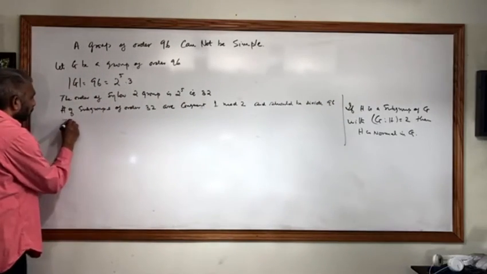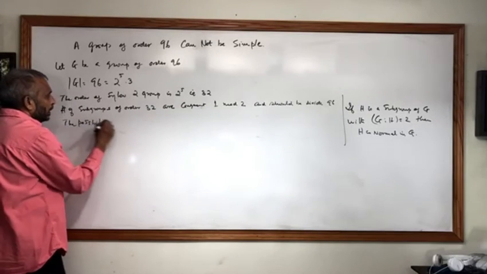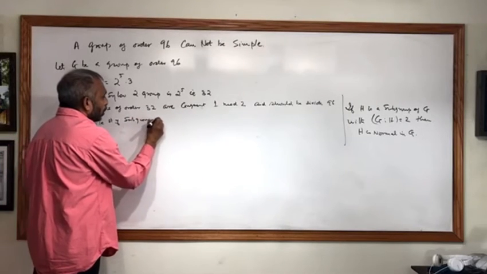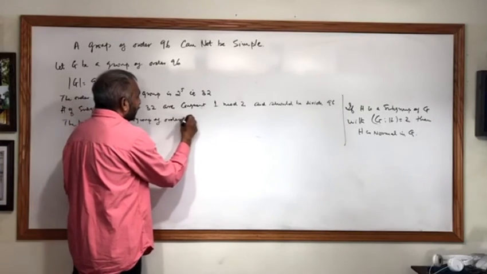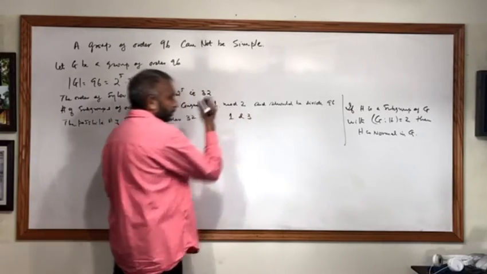So the possible number of subgroups of order 32 are just 1 and 3.